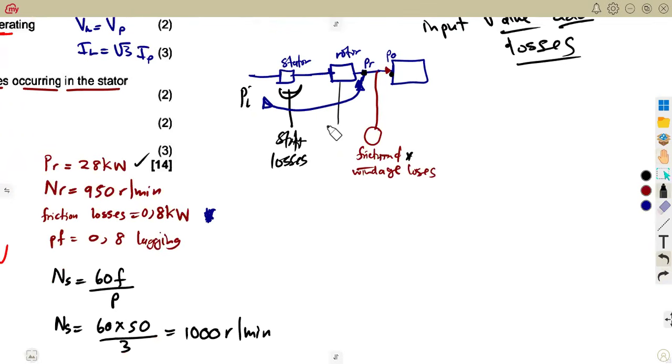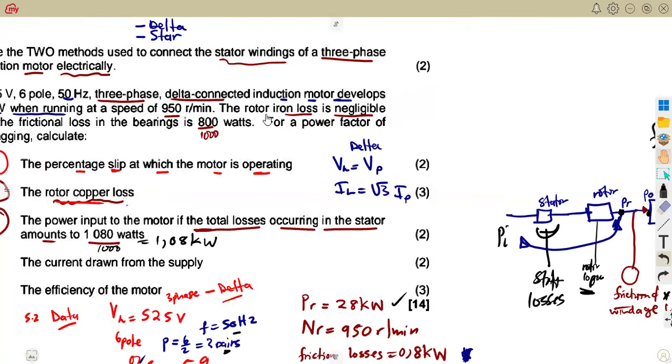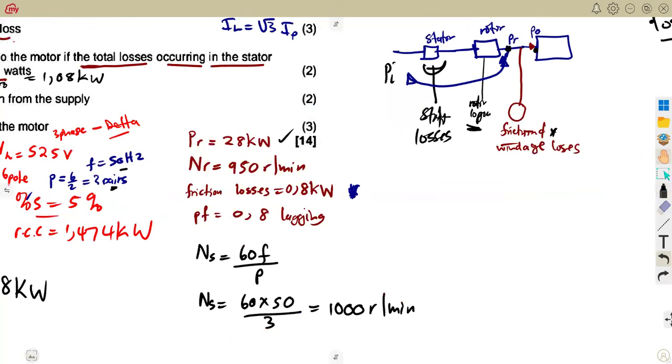In the rotor there will be rotor copper losses and the rotor iron losses. The rotor iron losses are the ones we were told to neglect, but the rotor copper loss we cannot neglect. We are told to neglect only the rotor iron loss, but the rotor copper loss is to be taken into consideration. So between the rotor output and the input, these are the losses that are there.